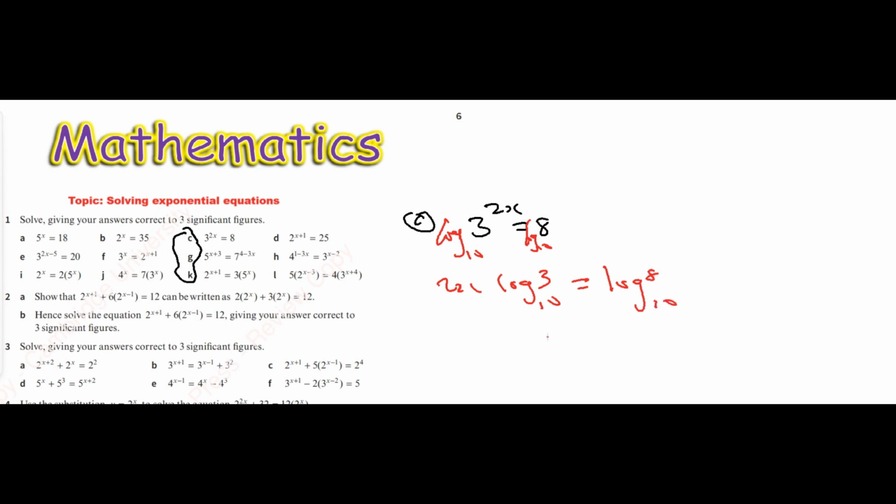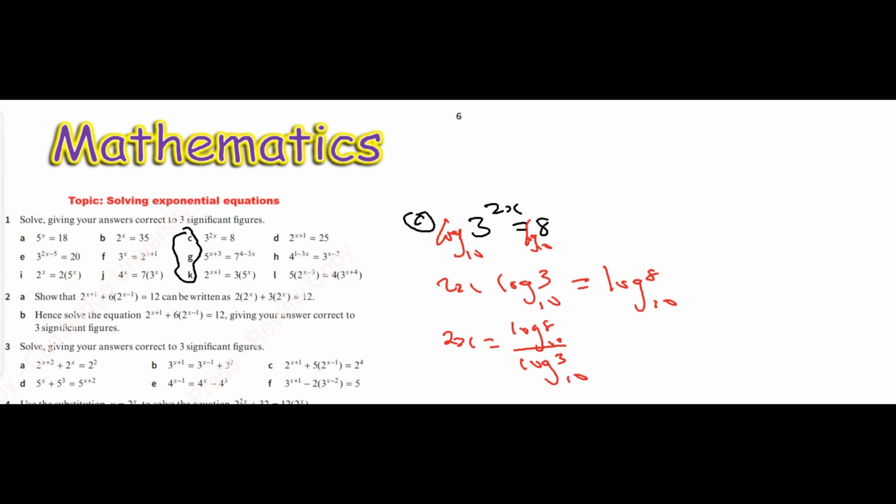If I divide through, then I will have 2x is equal to log 8 base 10 all over log 3 base 10. I can do that straight from my calculator. So I do log 8 divided by log 3 base 10.